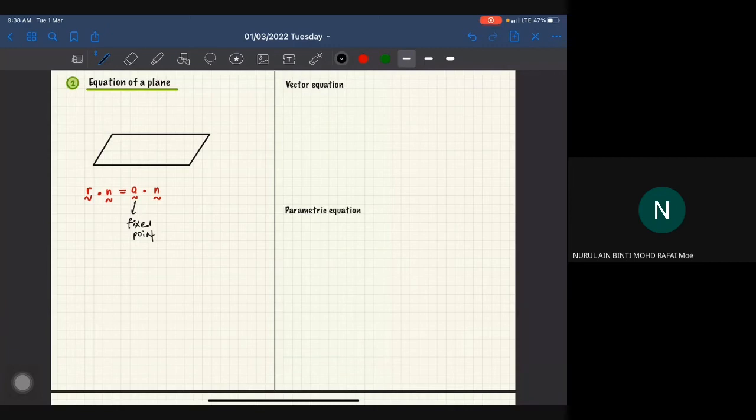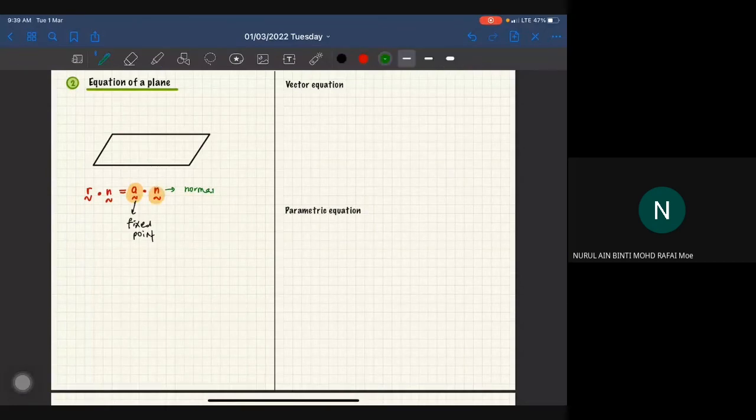Okay, so n stand for normal vector kita. Ini adalah dua penting yang mesti awak cari. You need to have these two information before you can find the equation of a plane. So A and also n.